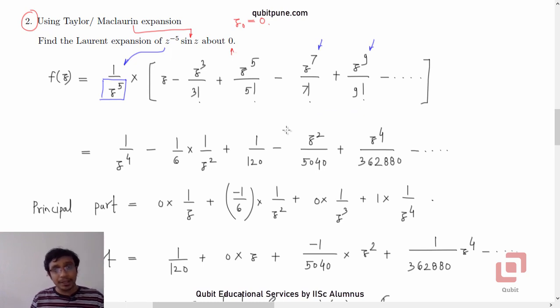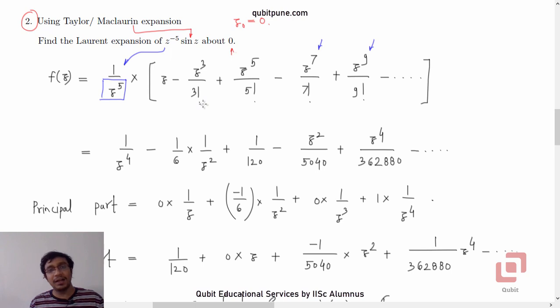Okay, fine. So see, by doing this, we already know that sin z is analytic everywhere, so it must have a convergent power series in a neighborhood of 0, deleted neighborhood. So let's now multiply term by term. When you multiply z by 1 upon z to the power 5, you are getting 1 over z to the power 4.